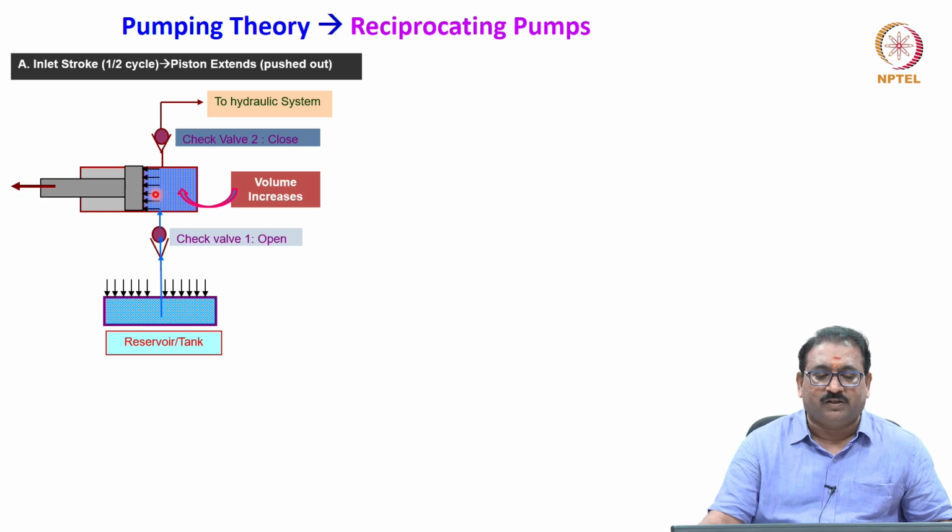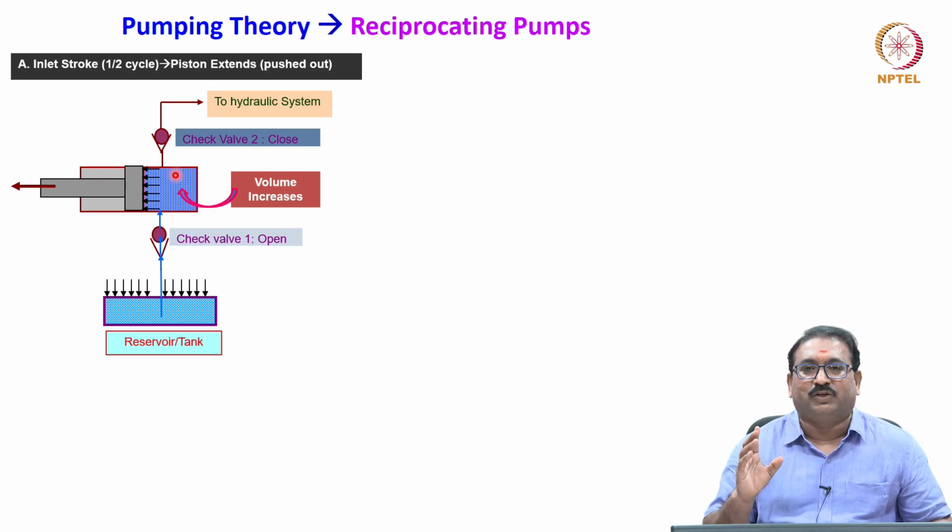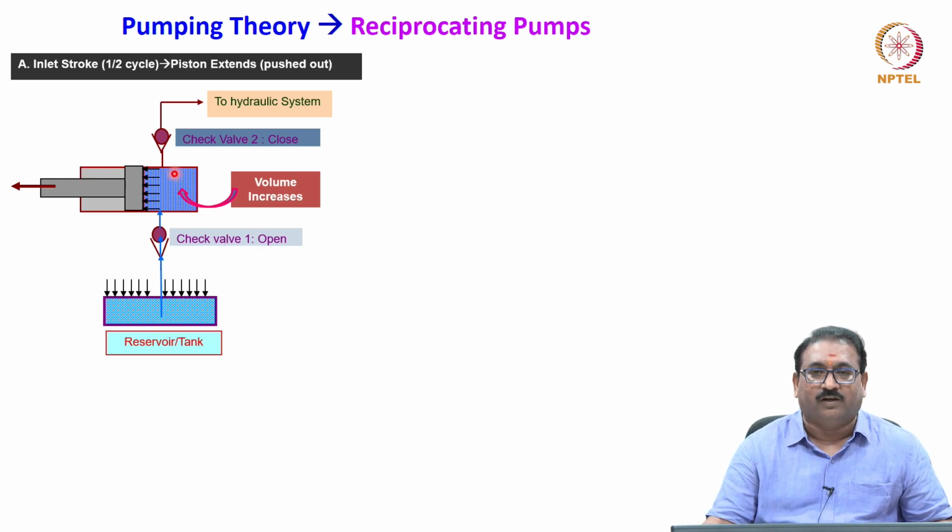Also please note, friends, when the piston moves out, this volume increases. There is a close fitting between the piston diameter and the cylinder inside diameter, so air will not pass from this side to this side. That is why piston pumps have very close tolerances between the mating elements. If air passes from here to here, vacuum will not be created. The creation of vacuum is of prime importance in all pumps.